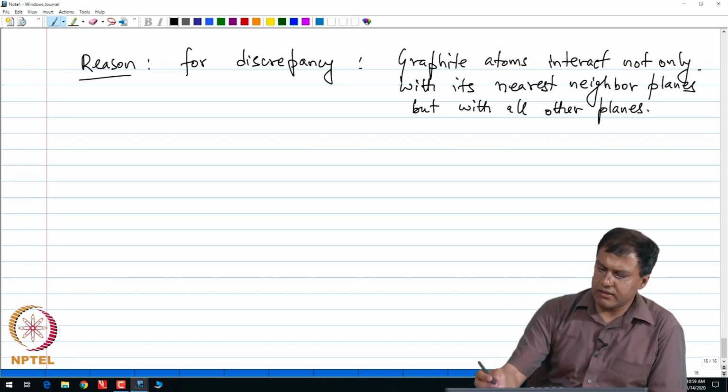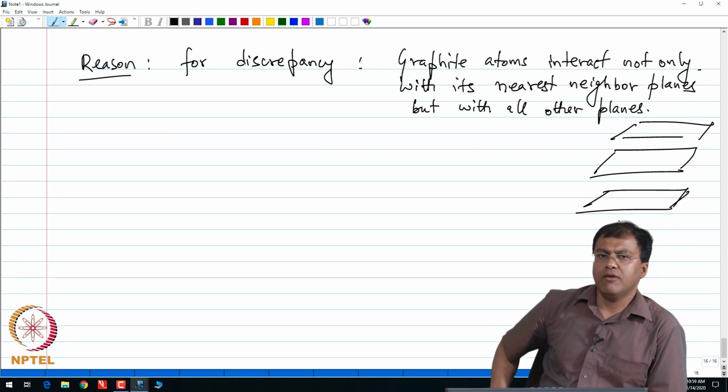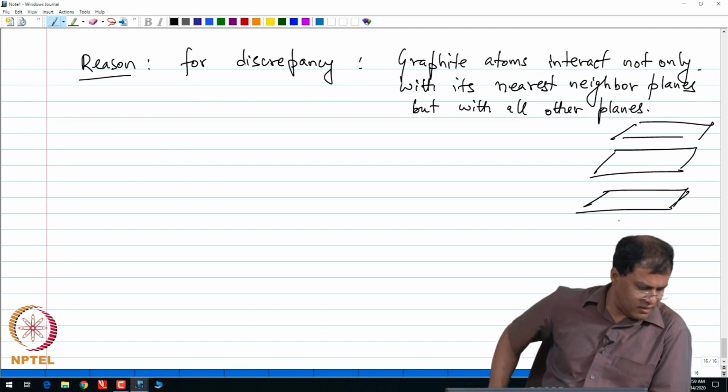Okay. So, which means that we have to incorporate the effect of all other graphite sheets that we have ignored, which are lying parallel to each other, right.